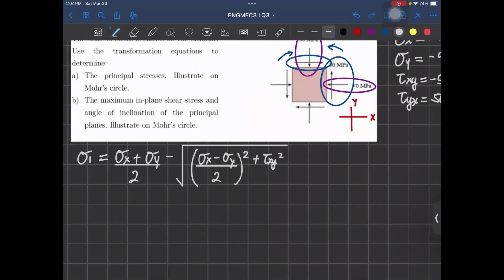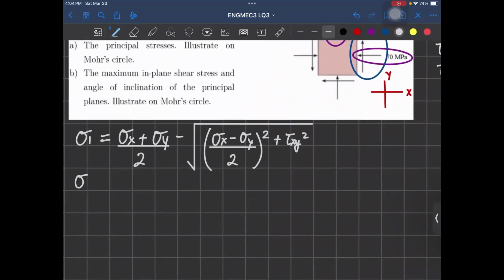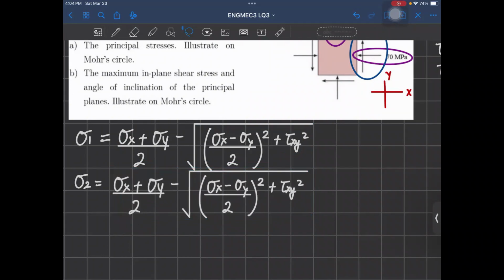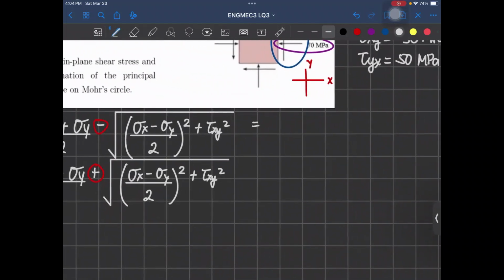So for the second one, it's just the same thing. Let me just copy this. It's the same except for what I will be highlighting, which is this one. So take note that the principal stresses only differ in terms of the sign of the second term. So let's try to compute now.